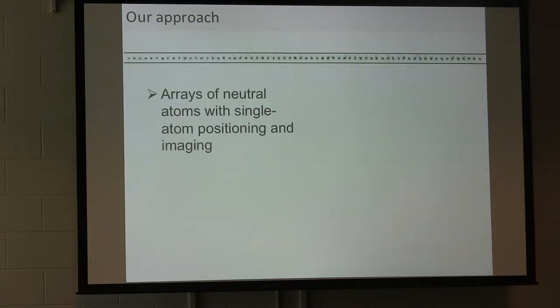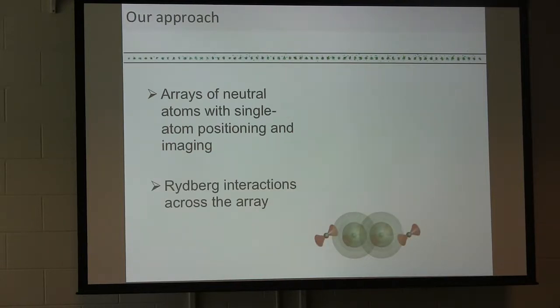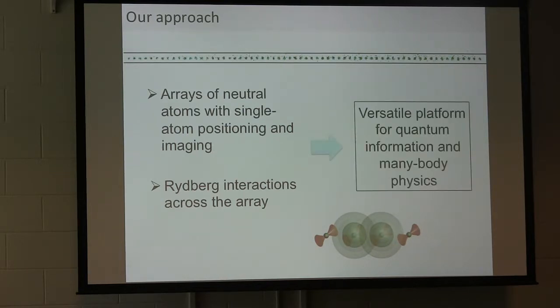And so our approach to these two challenges is to make large arrays of neutral atoms with single atom positioning and imaging, and to make these atoms interact along the array by coupling them to a Rydberg state. And so I hope after this talk you'll be convinced, if you're not yet, that by mixing these two ingredients, what we get is a versatile and promising platform for quantum information and many-body physics.